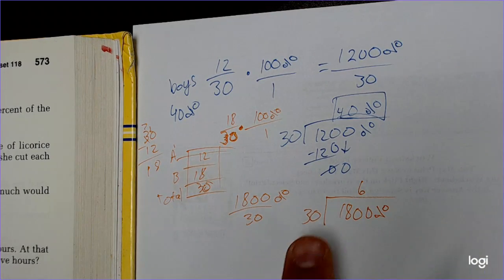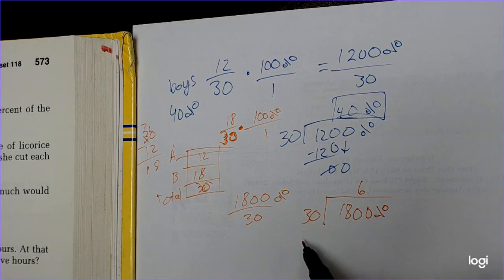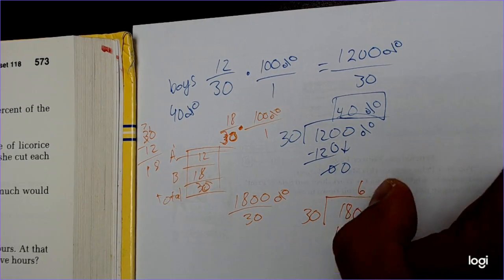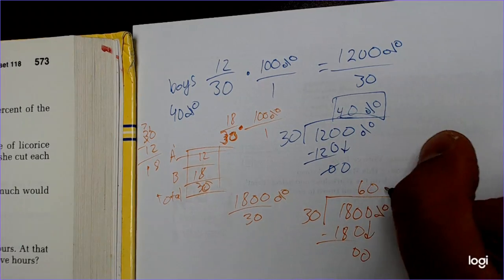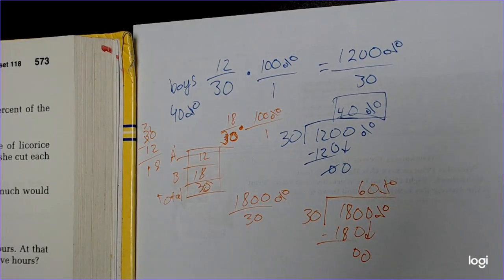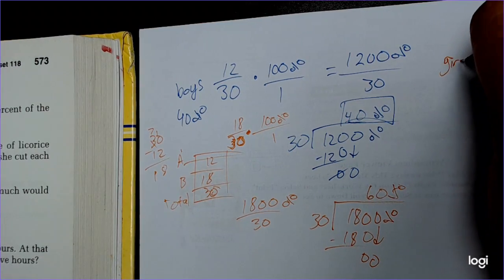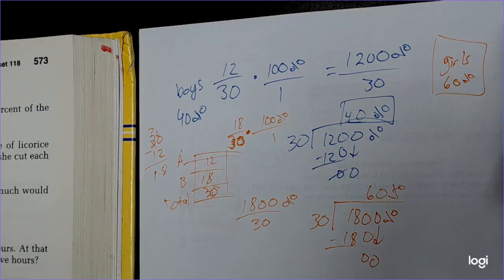The way I'm figuring this out is I'm just covering up the zeros. I'm seeing how many times 3 goes into 18, and then I make sure I put that 6 over the 180, because I'm actually doing 30 and 180. So 6 times 0 is 0, 6 times 3, 18. Subtract 0, bring down the 0, 30 goes into 0, 0 times, 60%. Great. So the ratio of girls is 60%.